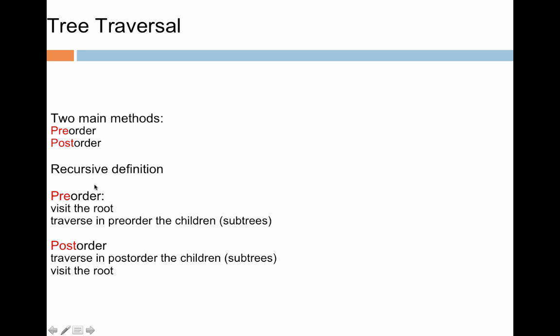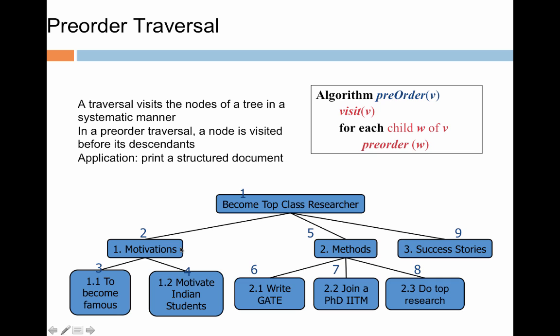On the other hand, in the pre-order traversal, when you visit the root node, you mark it as visited first. Then you go ahead and mark the children as visited in a pre-order fashion, or mark the descendants as visited in a pre-order fashion. We will see the distinction when we run an example.